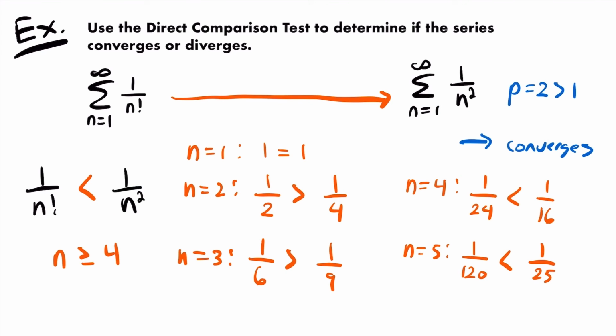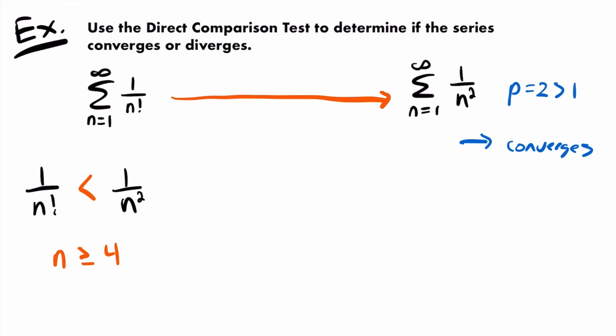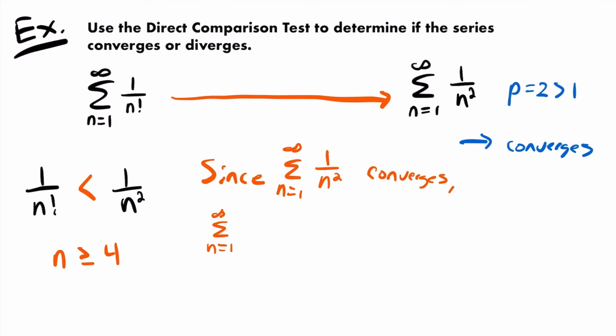And so since we found a series that is greater than the original and it converges, we can conclude that the original series also converges via the direct comparison test. All right, and so what we can say is that since the larger series, the sum from n equals 1 to infinity of 1 divided by n squared converges, then the smaller series, the sum from n equals 1 to infinity of 1 divided by n factorial, must also converge.